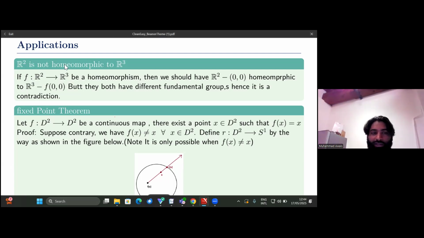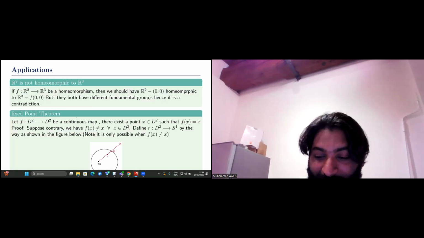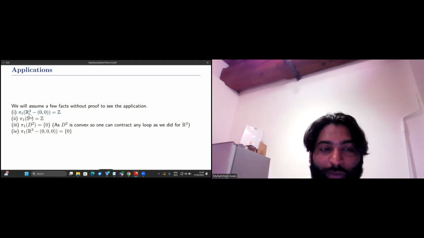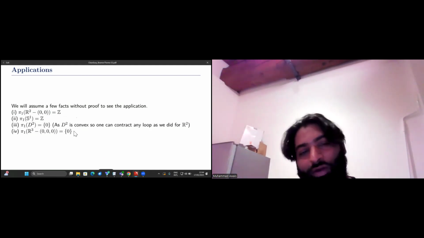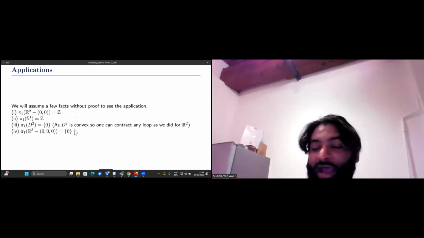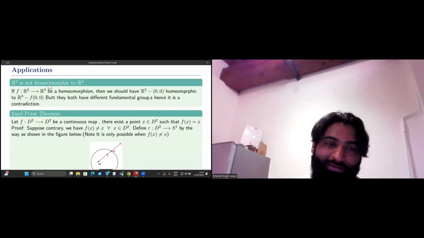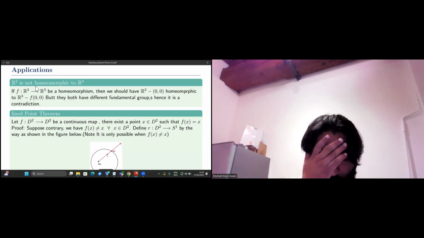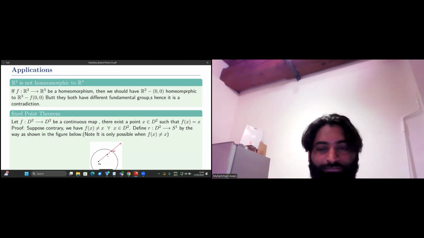So R2 minus a point is homeomorphic to R3 minus a point, but they have different fundamental groups. As we saw, very informally, the fundamental group of R2 minus a point is Z, and the fundamental group of R3 minus 1 point is trivial. So they are not homeomorphic. That's a contradiction. So R2 is not homeomorphic to R3.